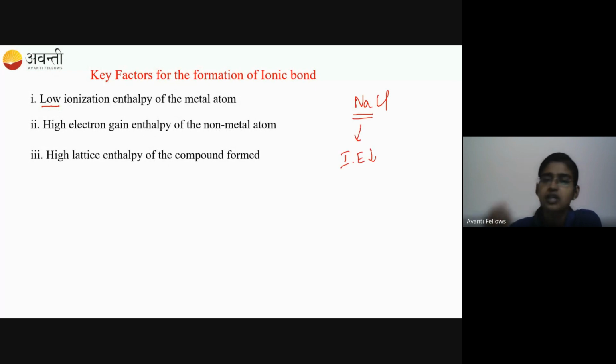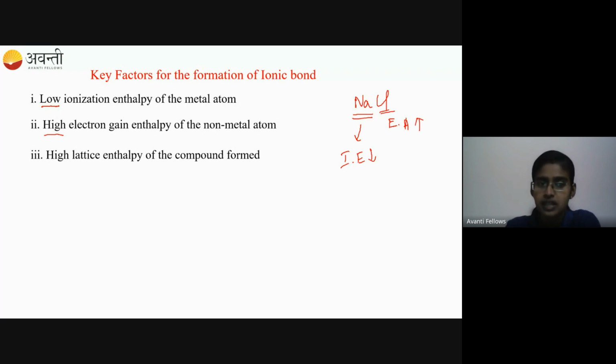Energy required to remove an electron from sodium should be very less. And electron gain enthalpy should be very, very high for chlorine. Chlorine is a non-metal and the electron affinity value or electron gain enthalpy value should be very, very high for chlorine, for an ionic bond to form.